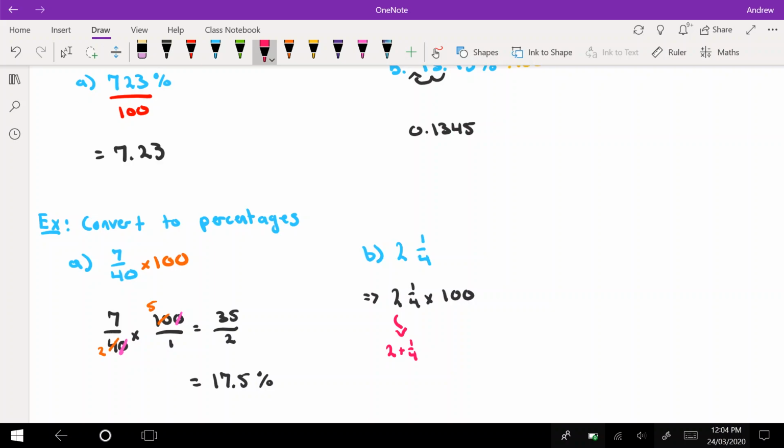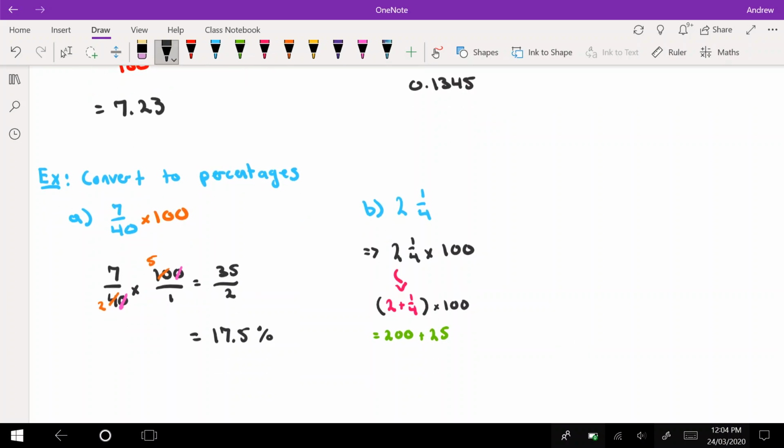The 2's still there, the quarter's still there, we're just separating them. Now I'm going to times them both by 100. So what's 2 times 100? 200. What's a quarter times 100? 25. So now we have 200 plus 25, and that's going to get me to 225%.